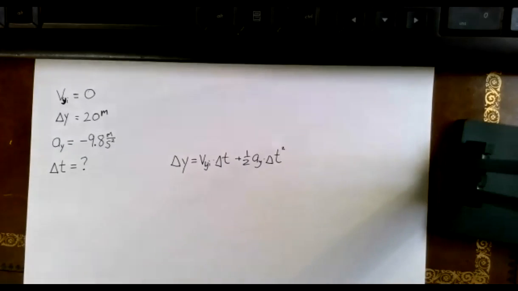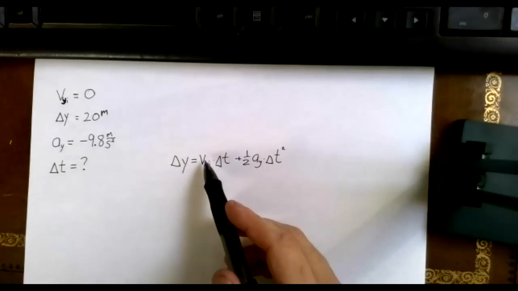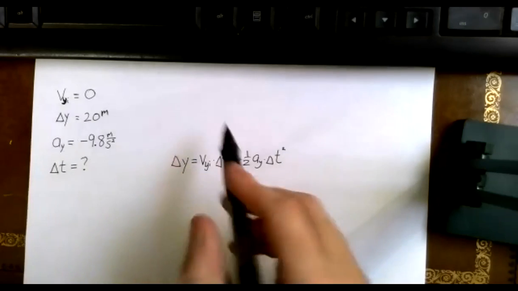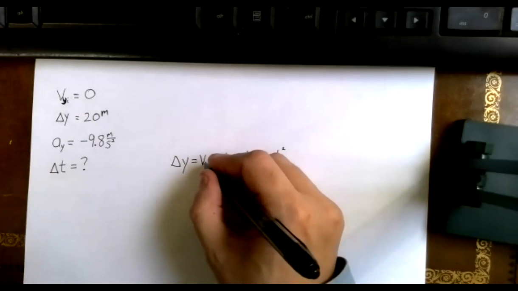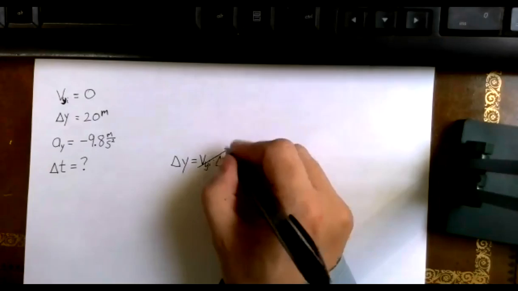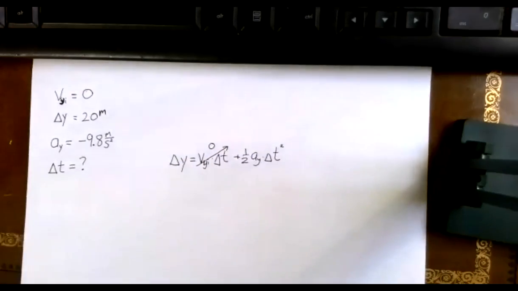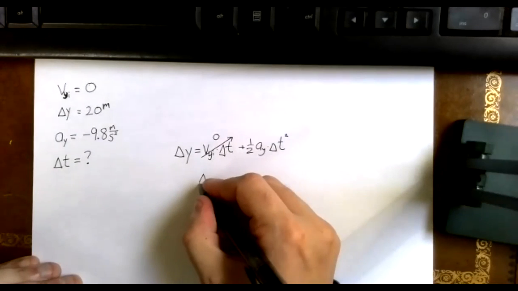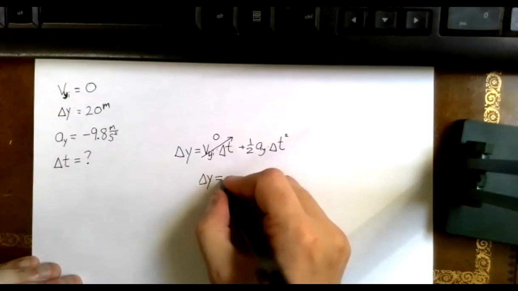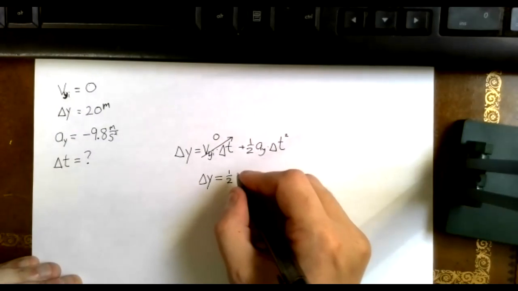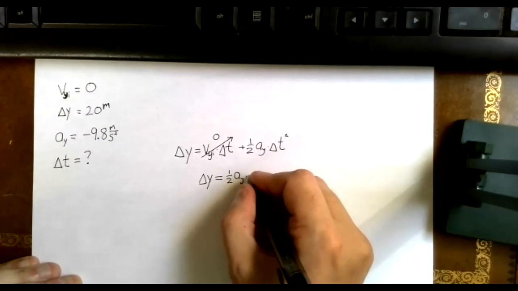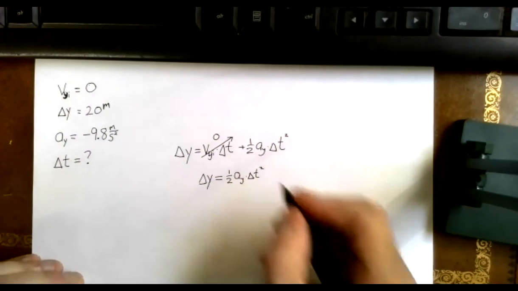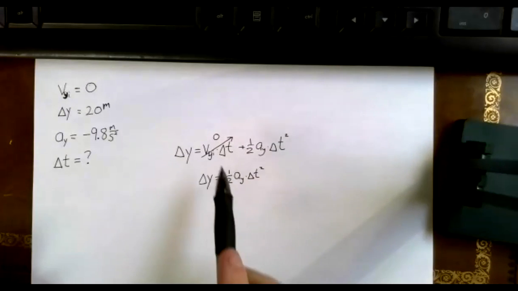Well, it's tricky until I realize that if VYI is 0, then VYI times time is all going to be 0, right? 0 times anything is still 0. So this piece goes away, and it's easier to rearrange if I simplify it. And I say delta y is just 1/2 times acceleration times delta t squared, right? Because that first piece I know is 0.